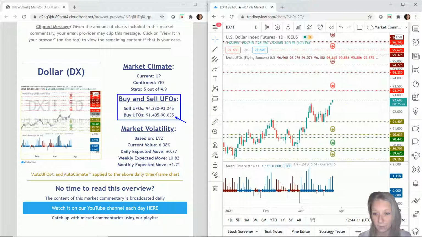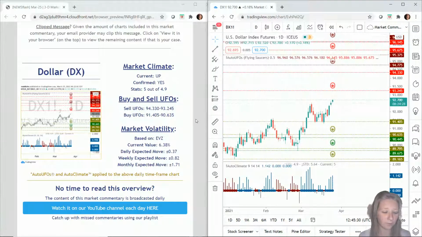And again, we saw price came in, hit the top line, so hit the top of the stack of buy orders, went up, came back in, hit the top line, and then went up again. That's what we expect buy orders to do, is push price up. We use AutoUFOs as a technology to show us where they are, so it saves us spending time analysing anything. It's just there, and we see the price range as well.